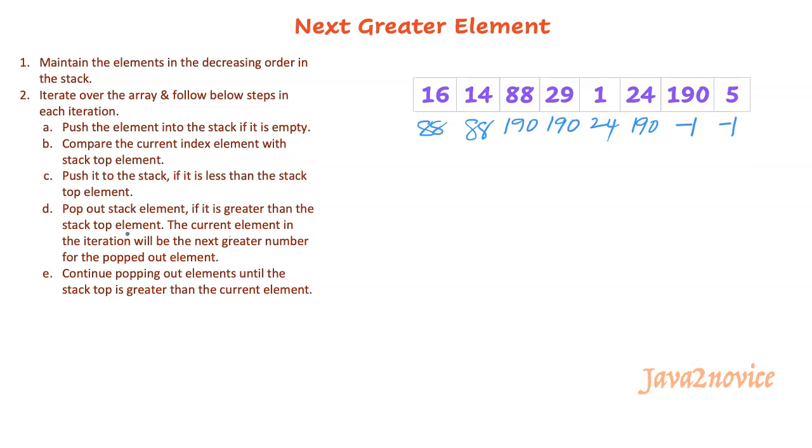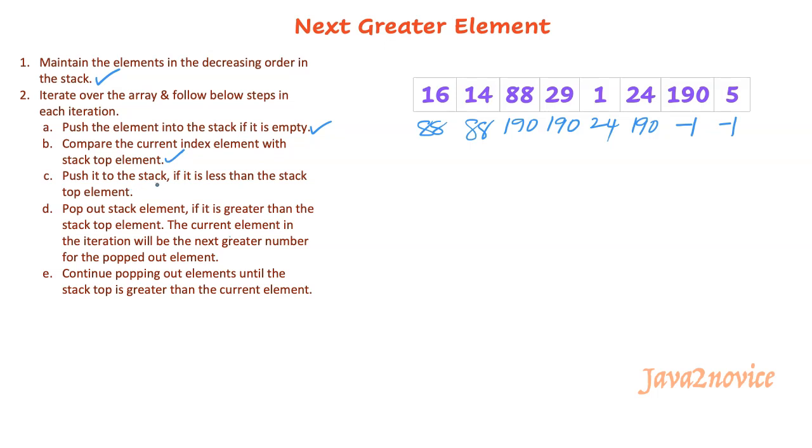Here are the steps. This is the algorithm. We must maintain the elements in decreasing order in the stack. Follow these steps in each iteration. Push the element into the stack if it is empty and continue with the next iteration. If the stack is not empty, then compare the current element with the stack top element.